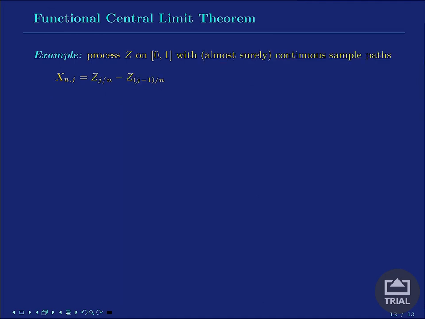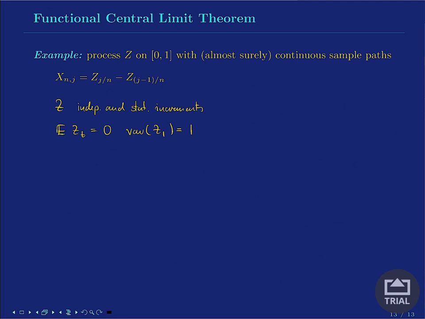Now in contrast, if we look at a process with almost surely continuous sample paths and having stationary and independent increments, further E of Zt being 0, and the variance of Z1 equals 1 for standardization purposes.